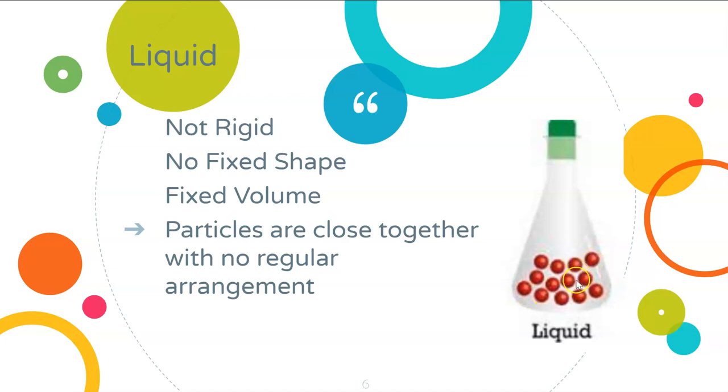They're closer together than gas, but there's no definite structure. Because they are not packed tight, the particles can move around, and that makes it so the liquid is able to take the shape of any container that it's in.